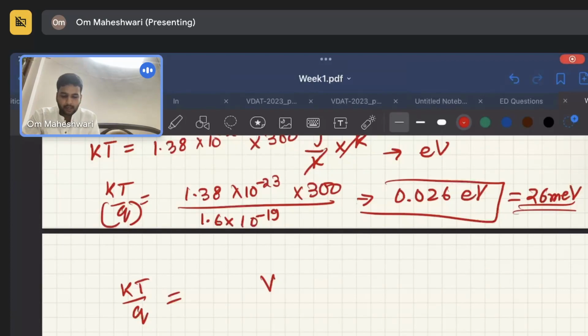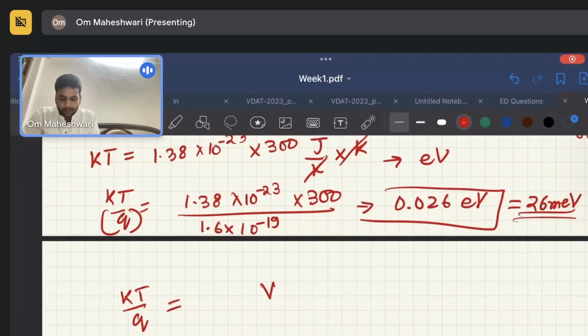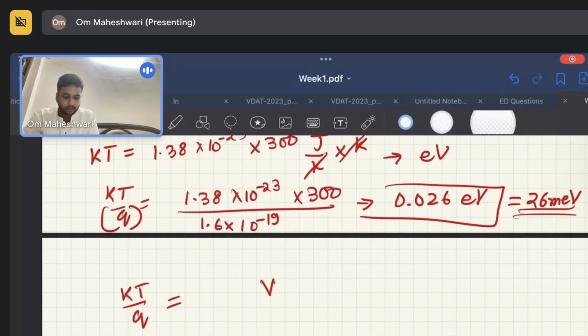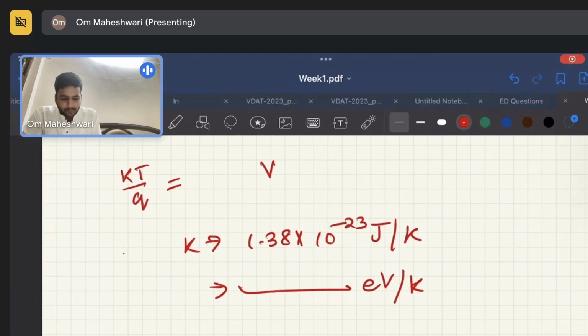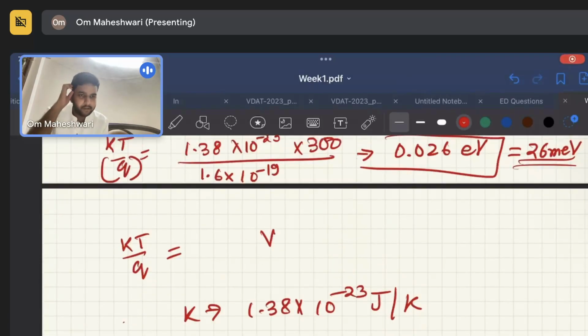But if I embed this in the Boltzmann constant itself, where I had written 1.38 into 10 to the power minus 23 joule per Kelvin, and instead write it in electron volts per Kelvin, then KT gives 0.026 electron volts. Electron volts and volts are interchangeable as we see fit. Prince, do you still have a confusion in this?